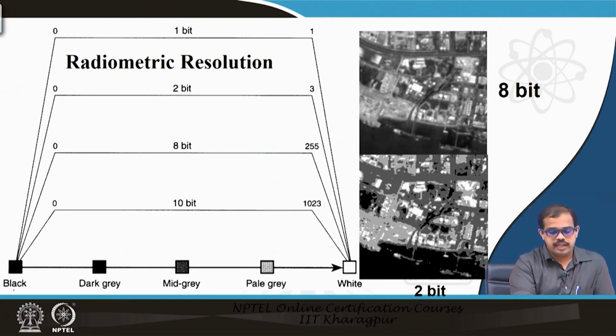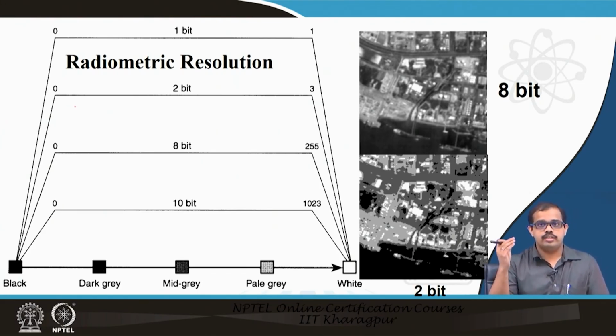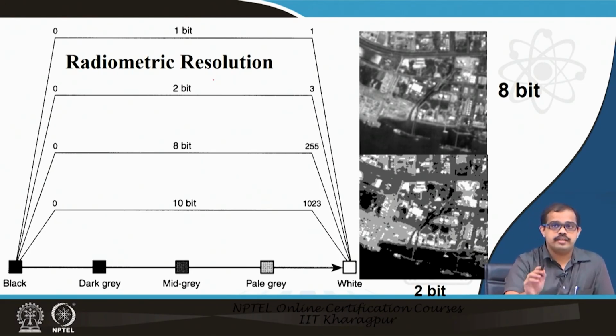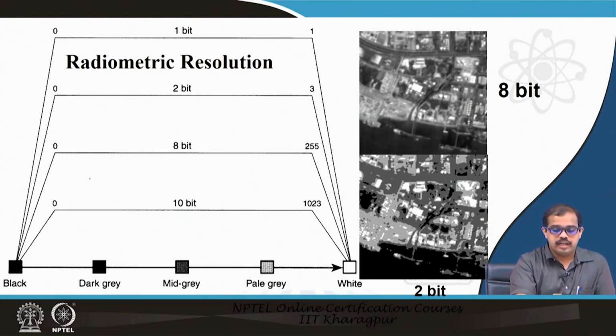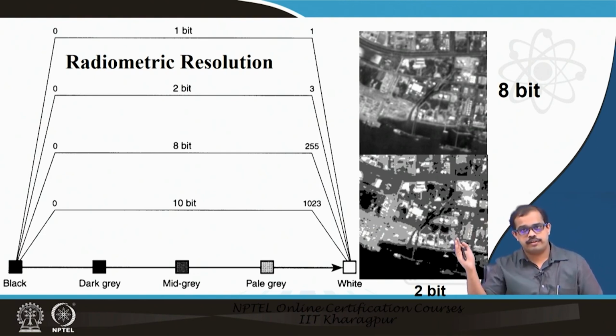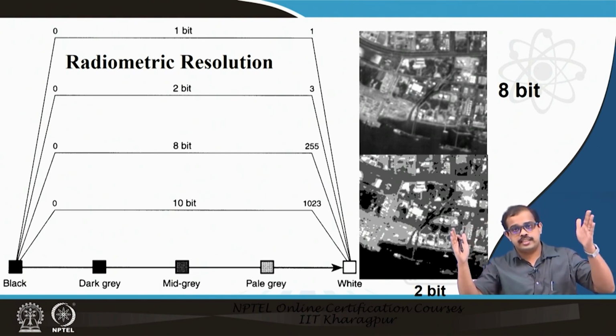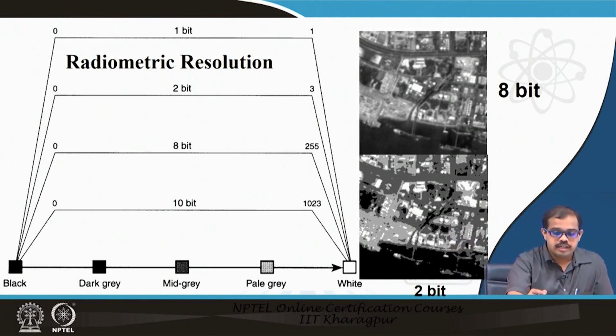If the number of gray levels is 0 to 3, that is 0, 1, 2, 3, then the radiometric resolution is 2 bit. If your gray levels are represented by 0, 1, 2, 3, 4 until 255, which means it has 256 levels, then the radiometric resolution is 8.